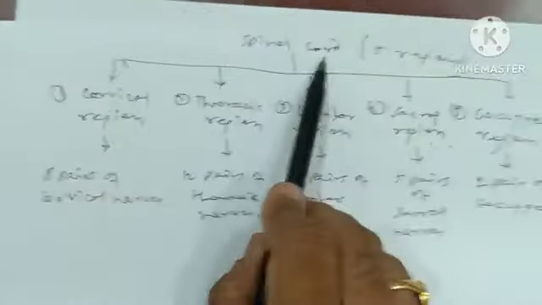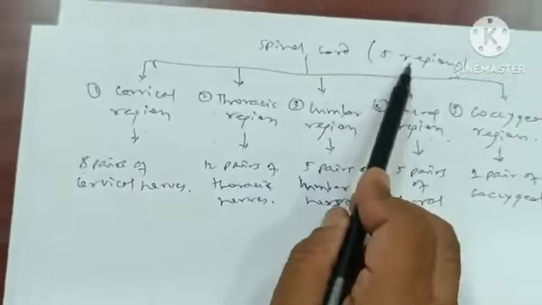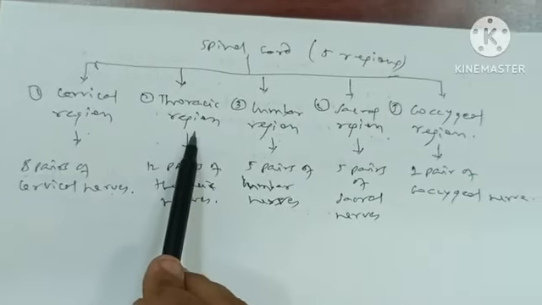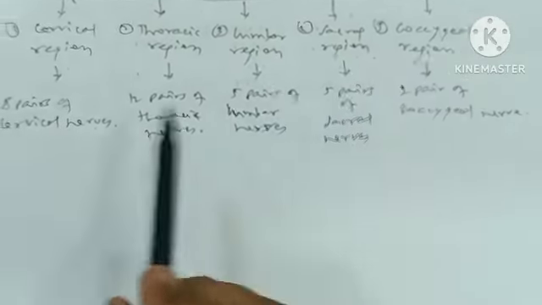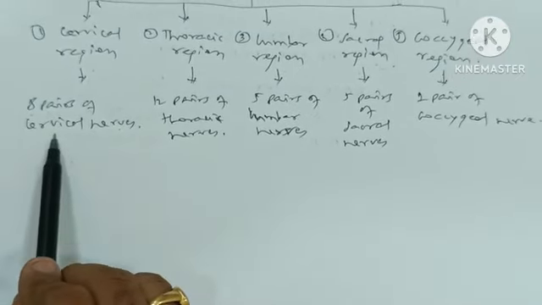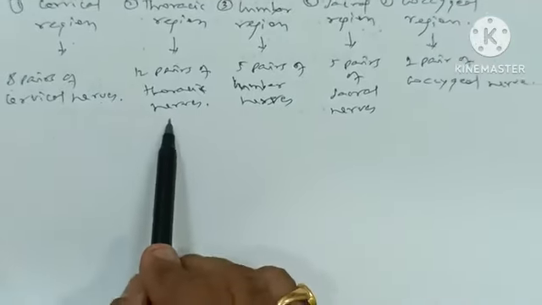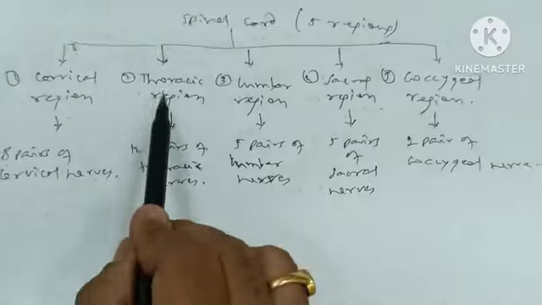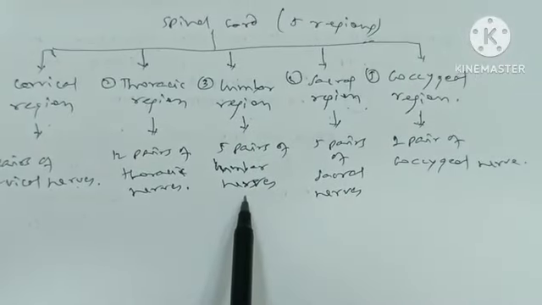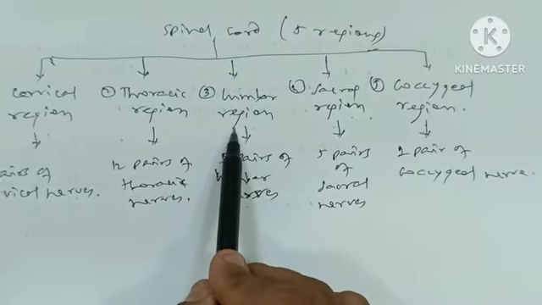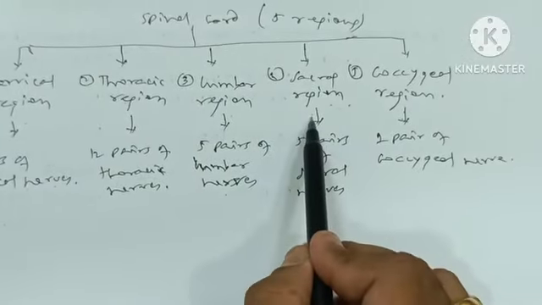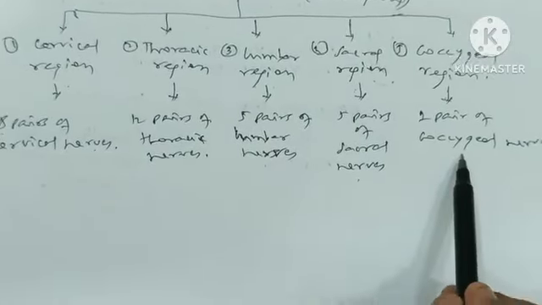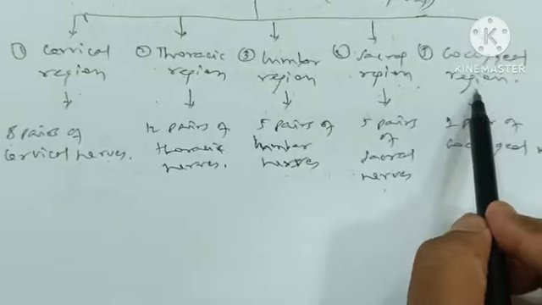So the spinal cord is divided into 5 regions: cervical, thoracic, lumbar, sacral and coccygeal. 8 pairs of cervical nerves arise from the cervical region, 12 pairs of thoracic nerves from the thoracic region, 5 pairs of lumbar nerves from the lumbar region, 5 pairs of sacral nerves from the sacral region, and only 1 pair of coccygeal nerve from the coccygeal region.